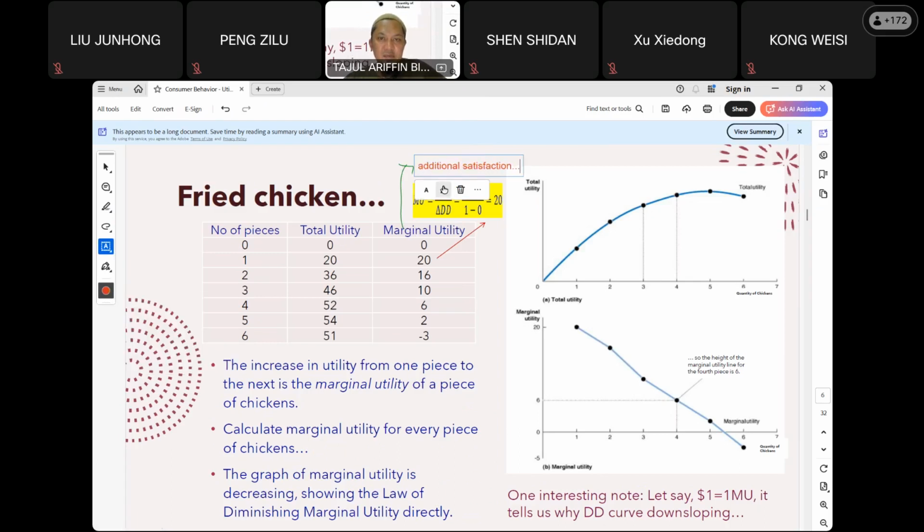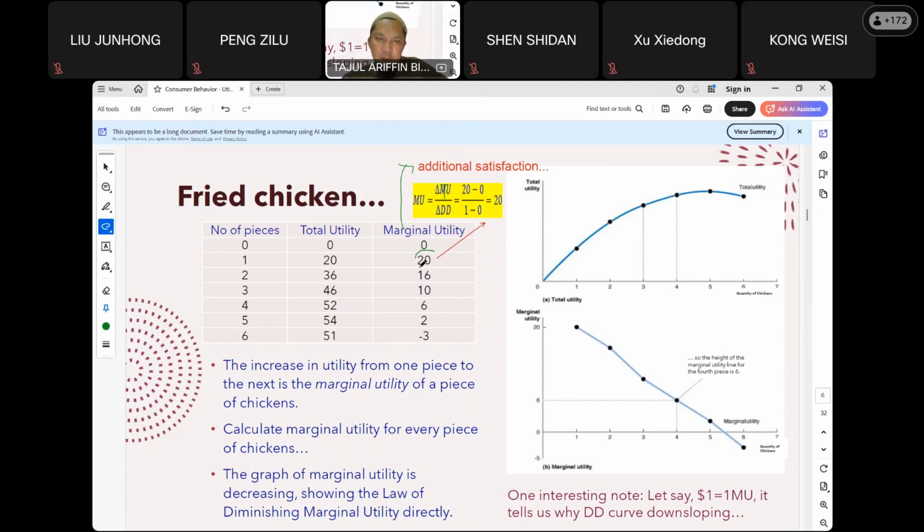You can treat marginality as additional satisfaction. Then you can easily understand. The formula is the change in total utility divided by the change in quantity of chicken taken.